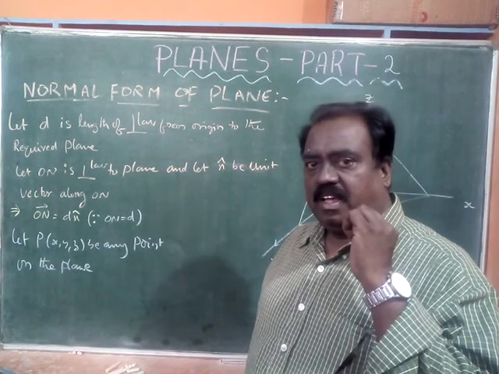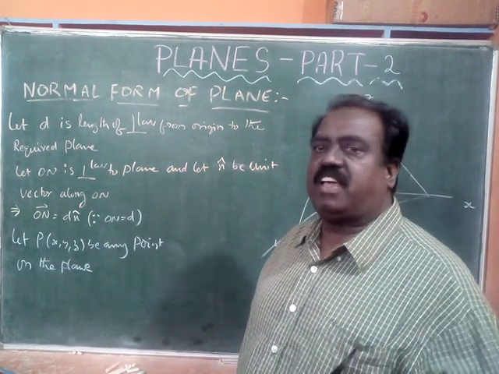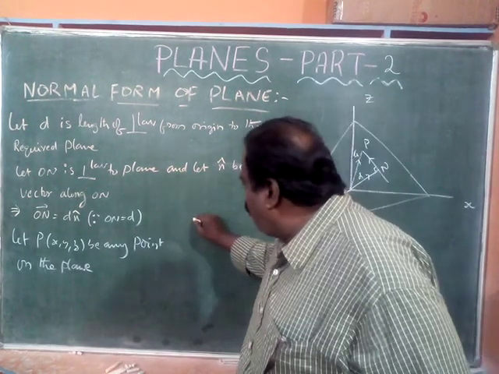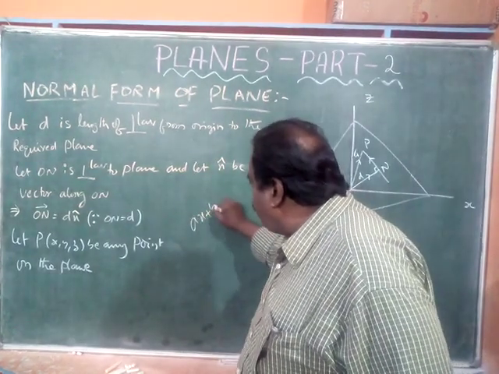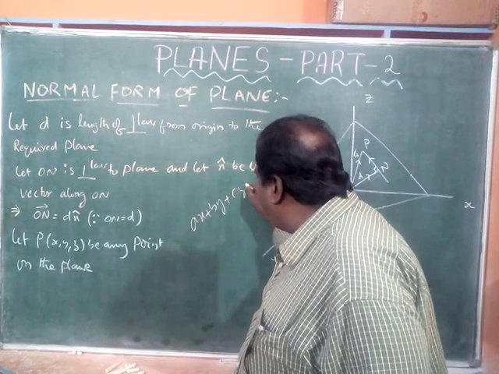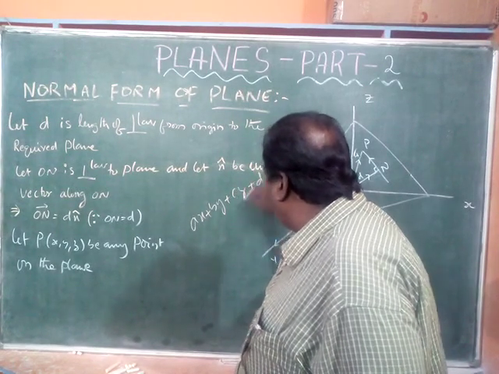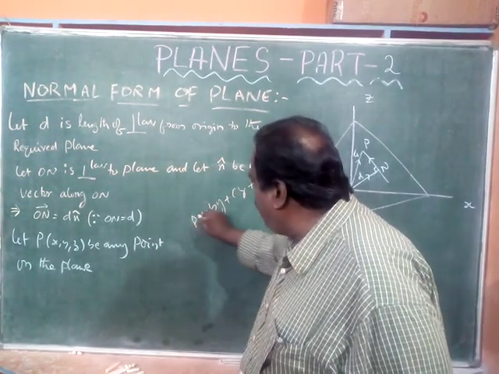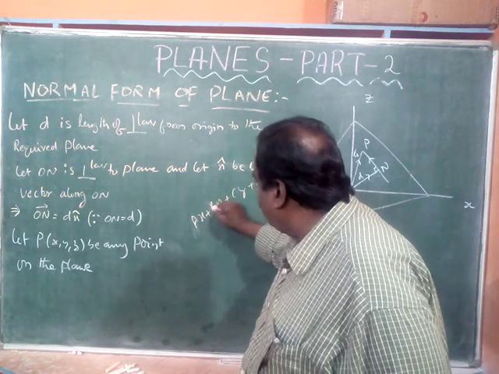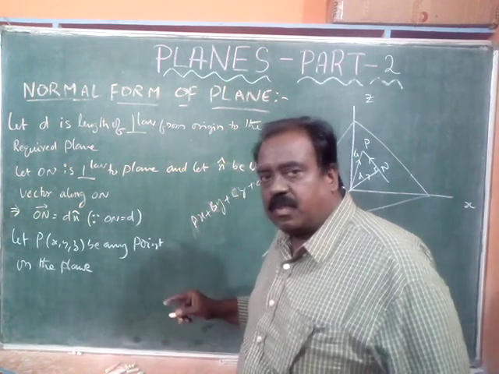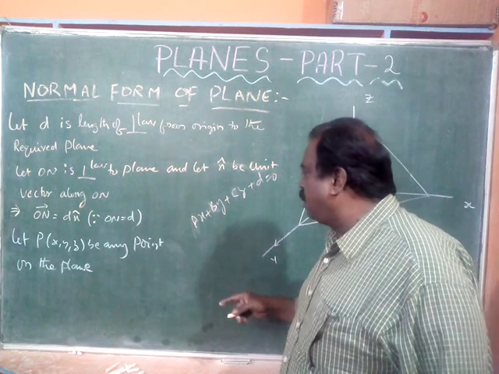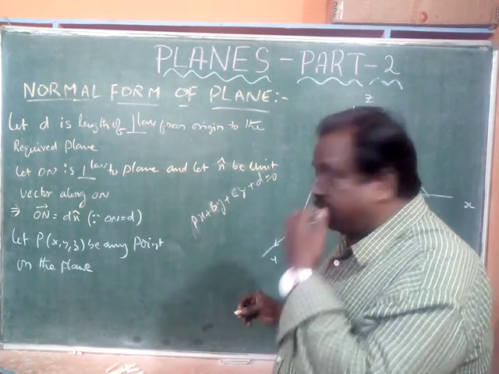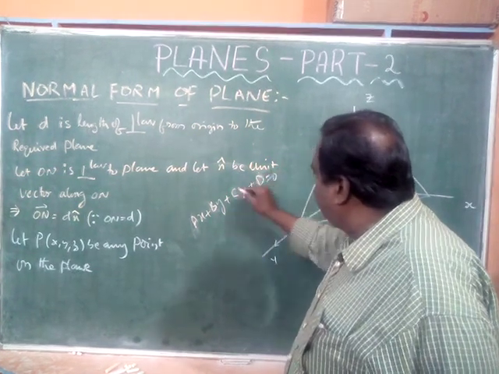First is the general equation, that is ax plus by plus cz plus d is equal to 0, or otherwise you mention it with capital letters, because in the next third and fourth theorems, small letters a, b, c will come. So we mention this with capital letters.